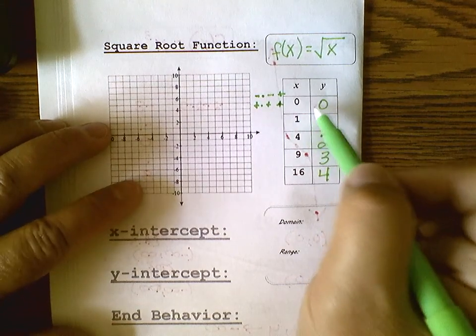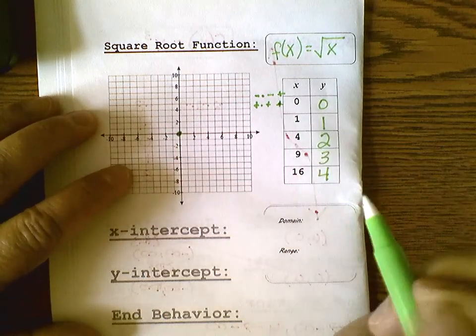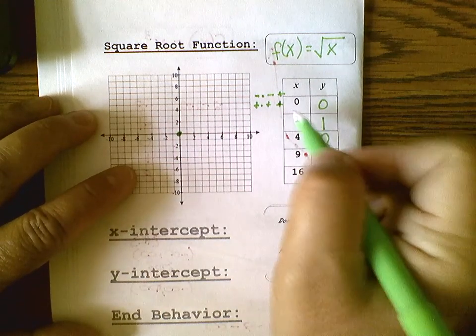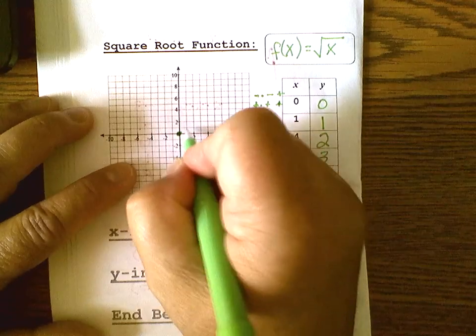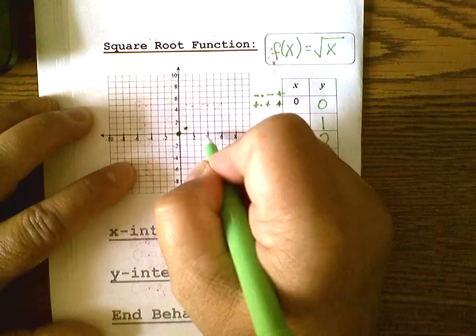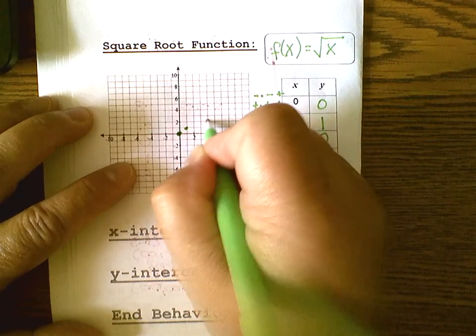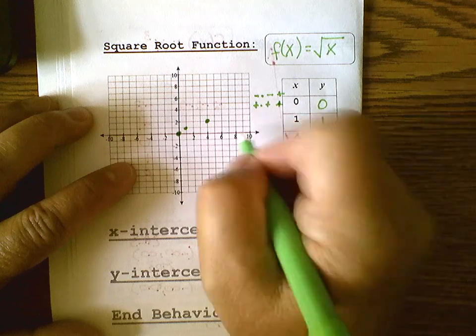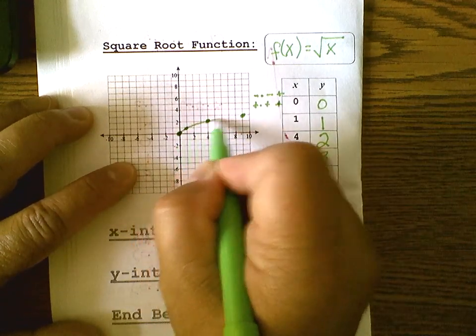So this one is an interesting function because we won't go past 0, 0 for this one. So 0, 0 is an actual endpoint. Then we have 1, 1, and we have 4, 2. And then we have 9, 3, and then it just keeps on going like this.